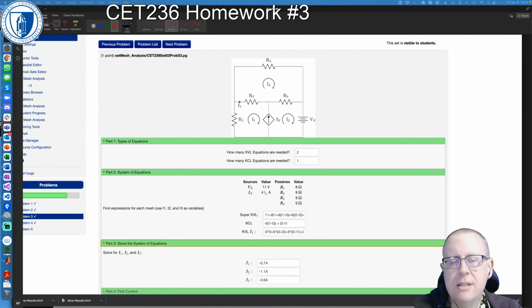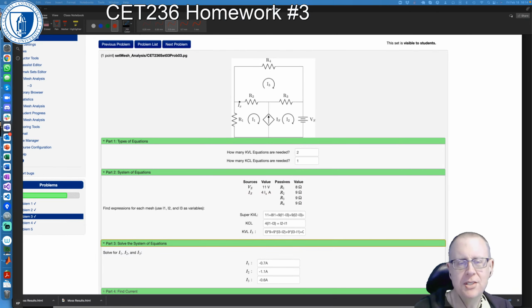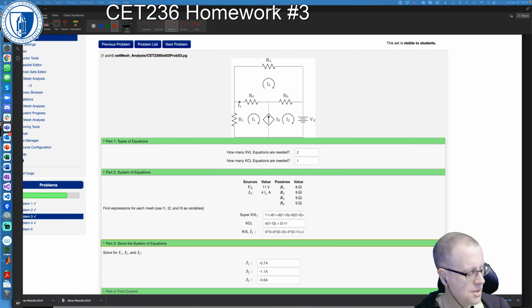So here is question 3, and just like the other questions, we have to figure out if we need Kirchhoff's current law, and we need Kirchhoff's current law if there is a current source in the circuit. There is a current source in this circuit. Unfortunately, it has two of the mesh currents going through it.